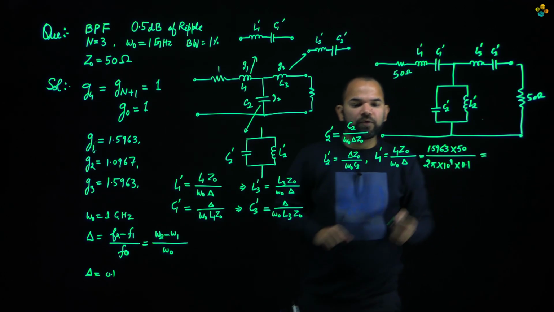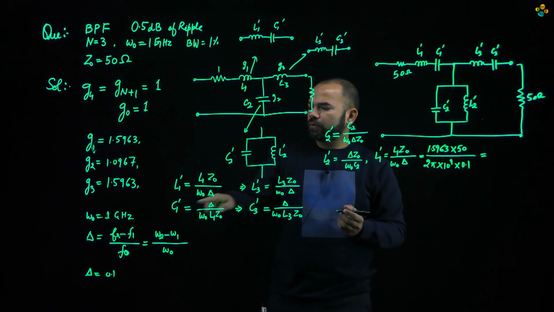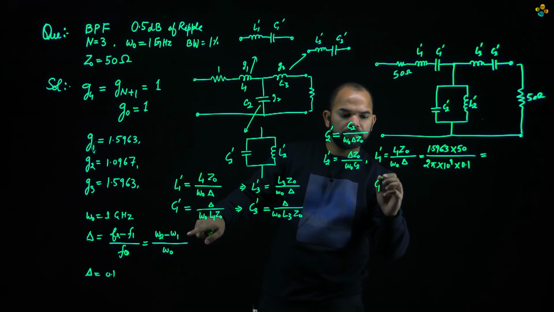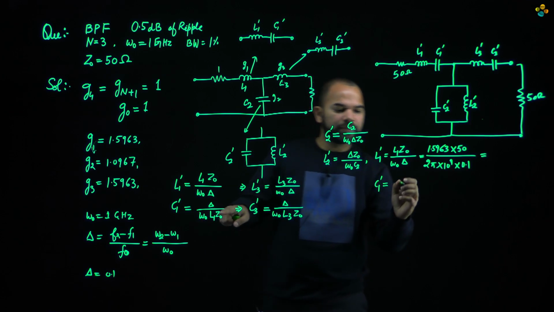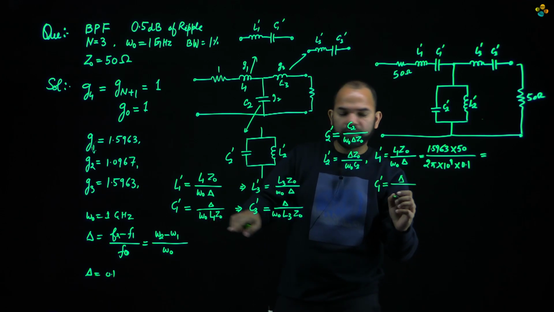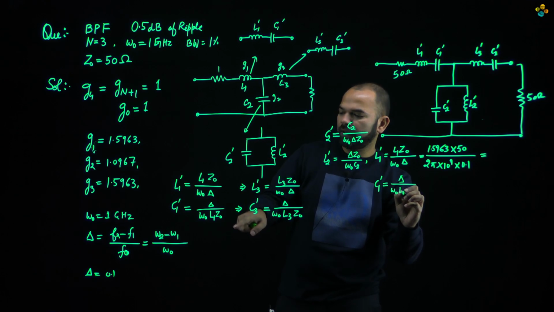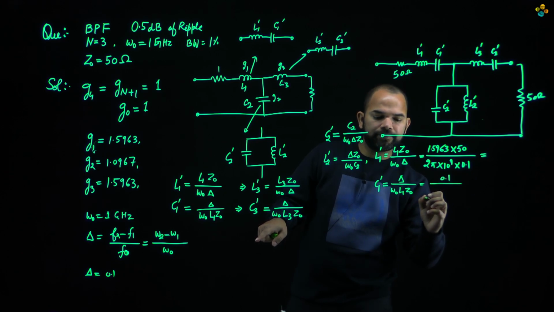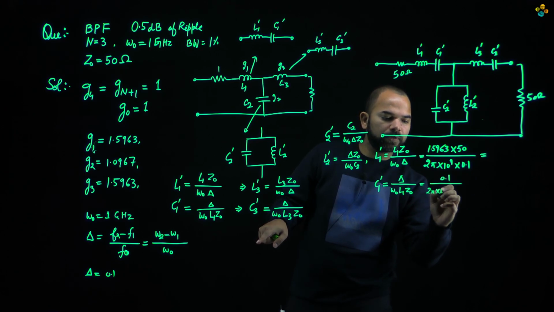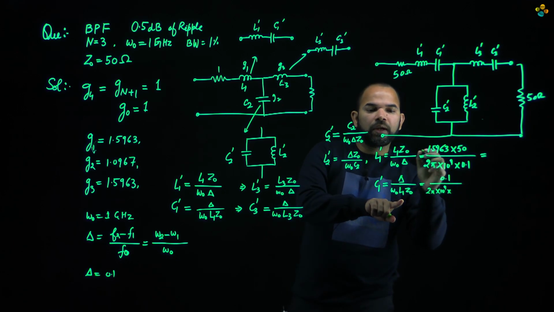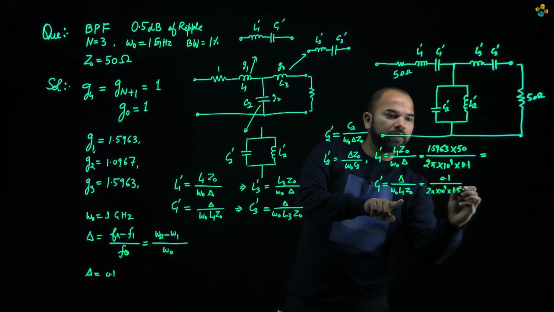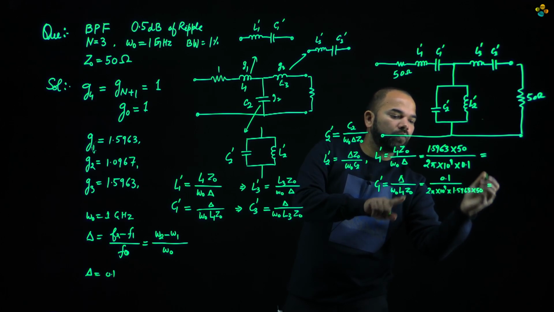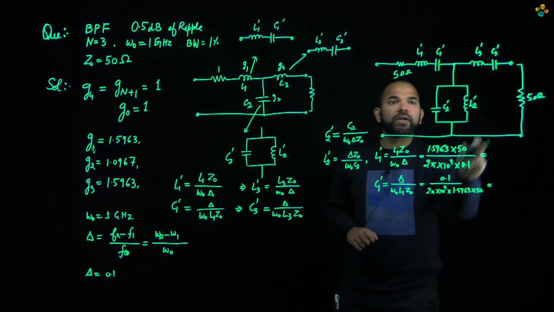So this is going to be the value of L1 dash. So let's have C1 dash. C1 dash is delta divided by omega naught L1 Z naught. If we place all these values, 2 pi into 10 to the power 9 multiplied by L1, which is 1.5963, multiplied by 50, we can solve for C1 dash by solving this expression.